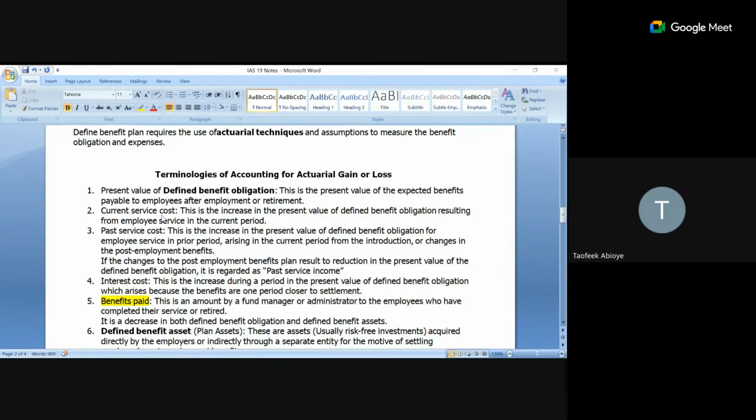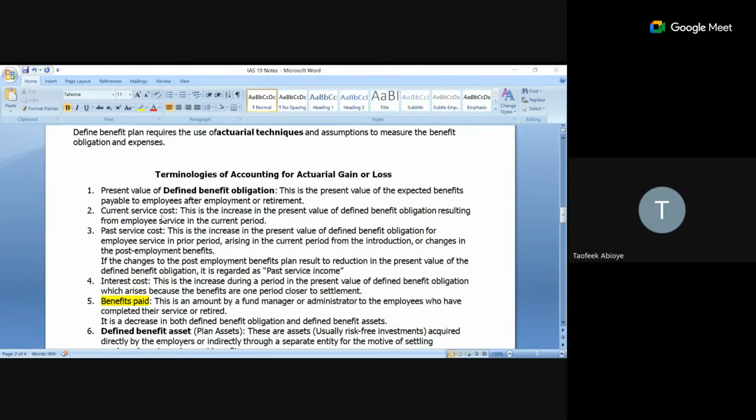This benefit paid will also reduce your defined benefit assets, which is otherwise known as plan assets. Plan asset is money you are contributing that you are going to invest. Let's say you have now contributed 120 million.